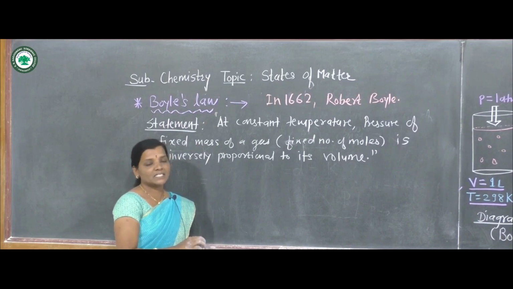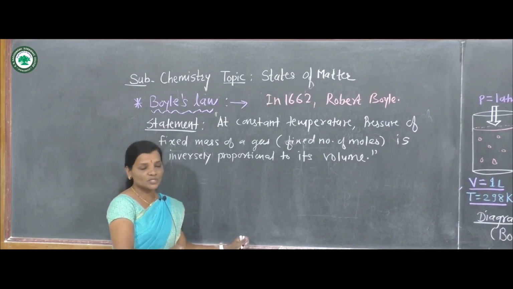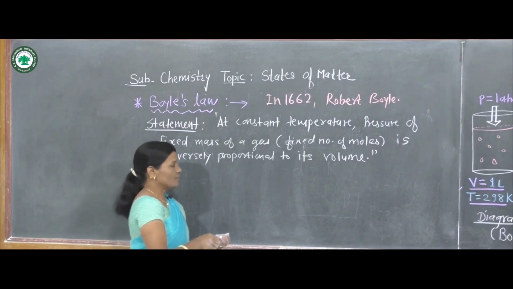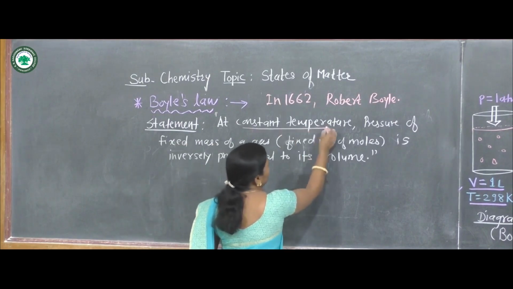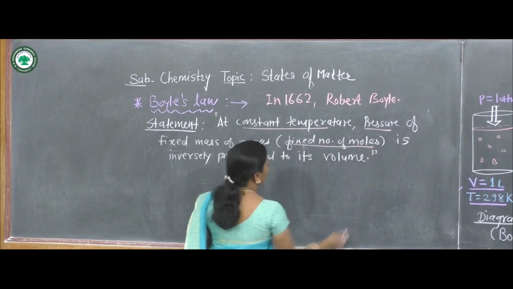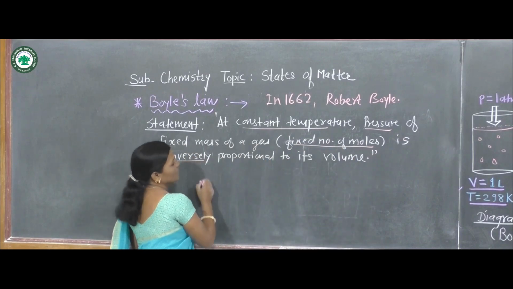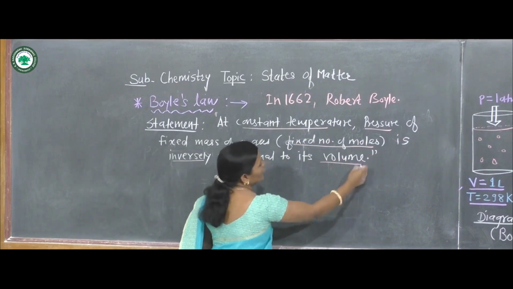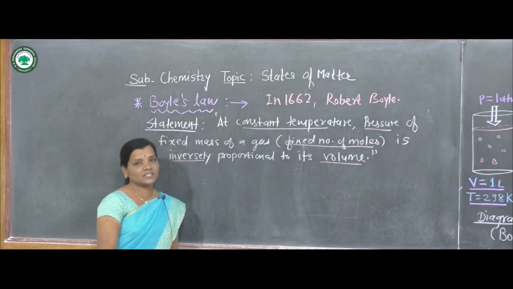Robert Boyle stated the statement for Boyle's law: at constant temperature, pressure of a fixed number of moles is inversely proportional to the volume of that gaseous system.